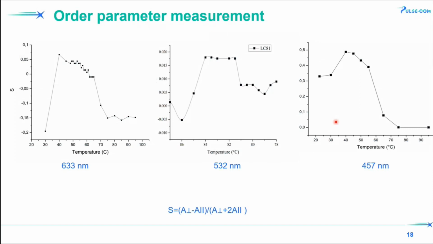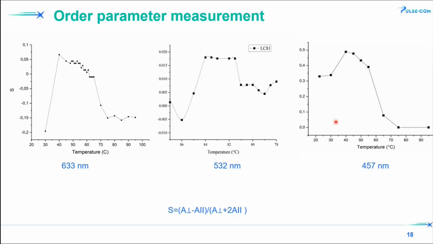What you see instead on the left is a graph obtained in less than optimal conditions. In fact, as you see, the order parameter is 0.05, which is very low. So in this case, it is more like a qualitative approach.